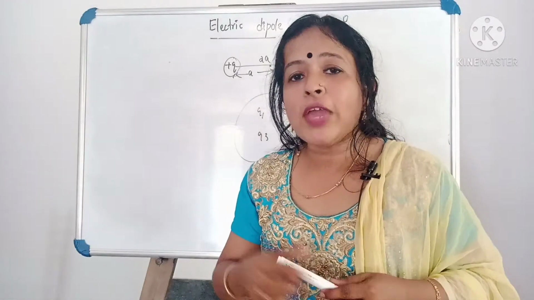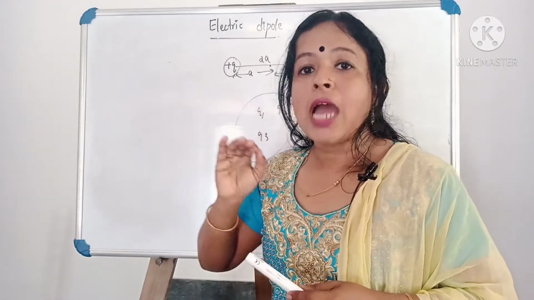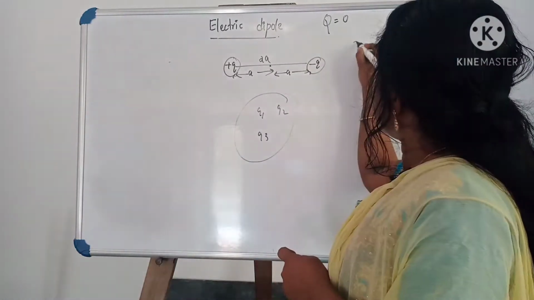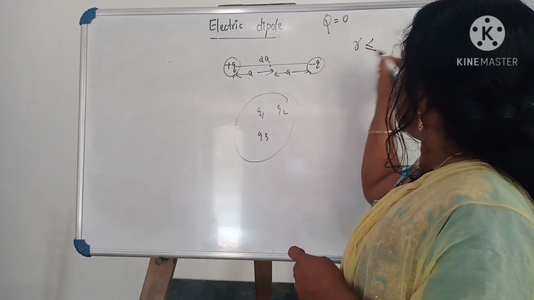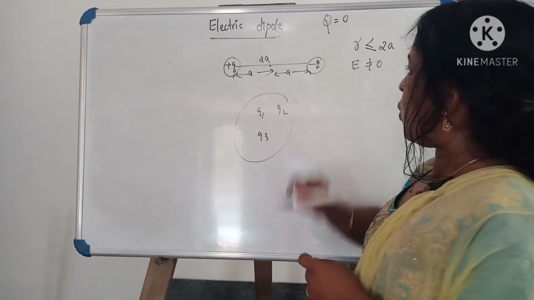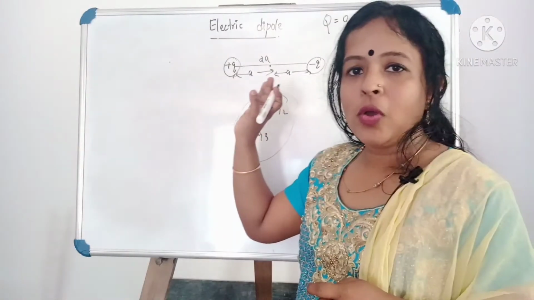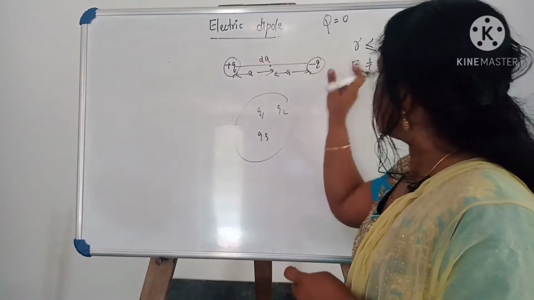But the electric field due to this arrangement never cancels out. If we consider a distance r less than or equal to 2a, the electric field is not equal to 0 at any point in this space.